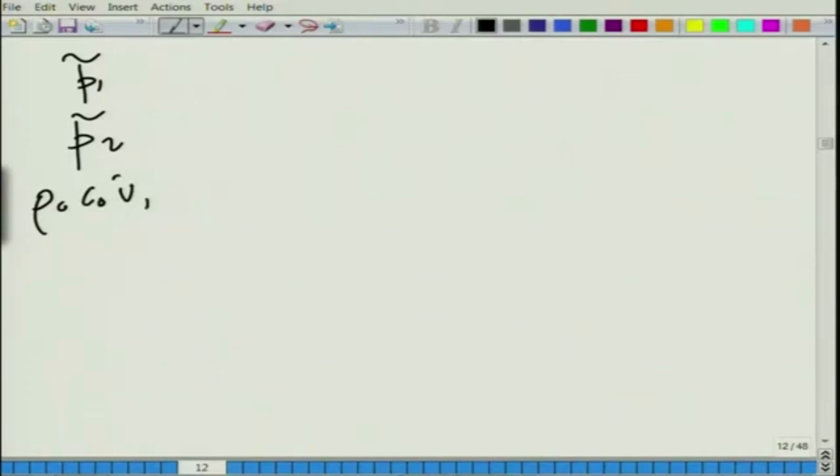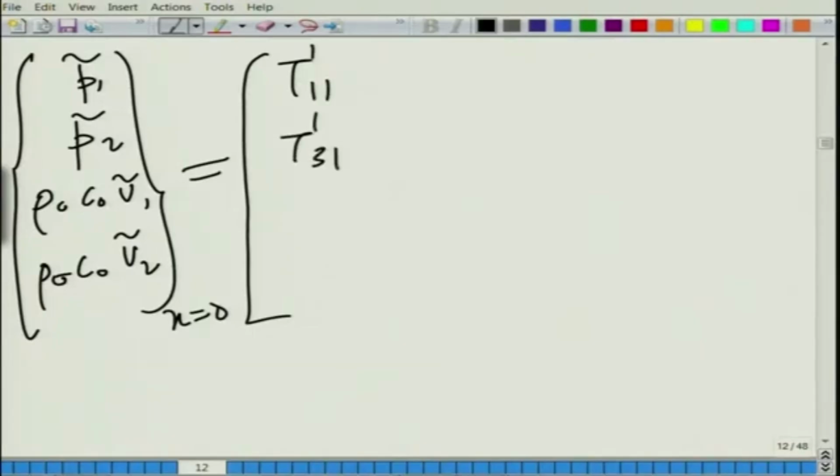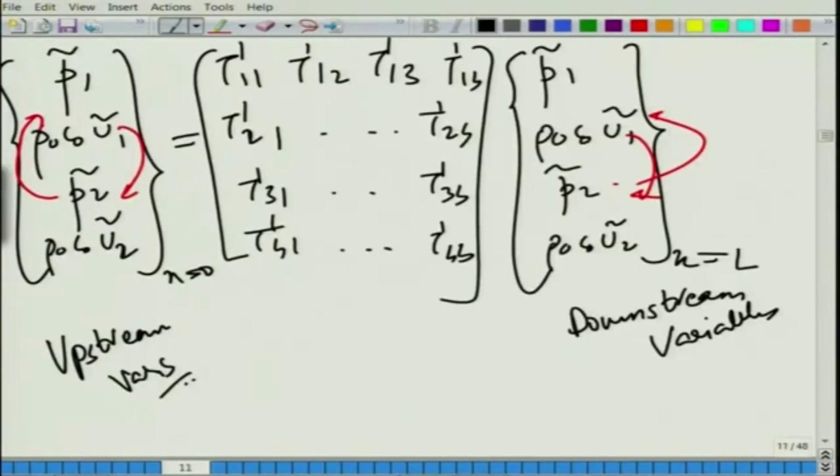So, here this is looking like this. This would be T11 and this would clearly be T31. So, this is a fairly easy thing. Here, since we are moving P2 in the second spot and rho naught C naught U1 tilde in the third spot in the column, we would basically reshuffle.